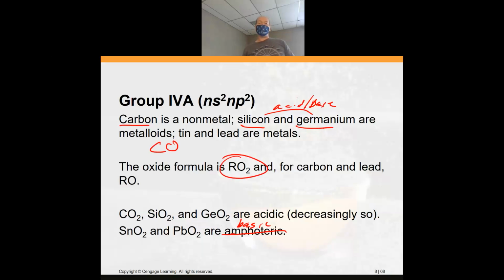We know we're going to get CO2 when we burn it, and we're going to get CO when we burn it. You're going to get the same thing for all of your various group 4A non-metals. Now your metals, we already did tin, and we also could do lead. It's the same, but we have SnO because we know that tin comes +2, and we also have SnO2 because tin also is a +4 oxidation.